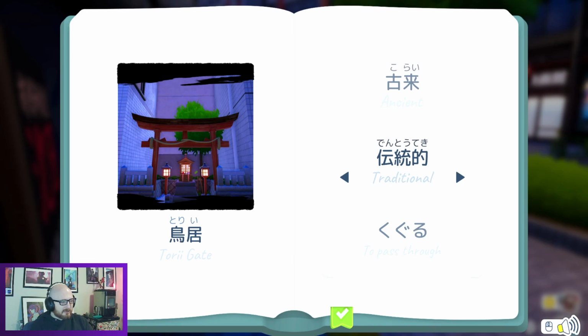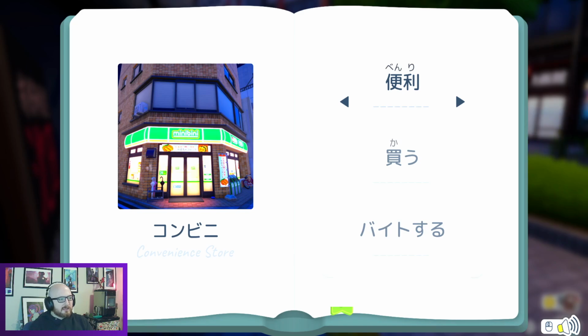Okay. Traditional. If it's a new word for me, I repeat it a lot while staring at it like a crazed lunatic. Dentoteki. And then kuguru, to pass through. All right. Now, granted, we got this correct because of process of elimination, so it's not like it's actually testing much of our knowledge, but, still.